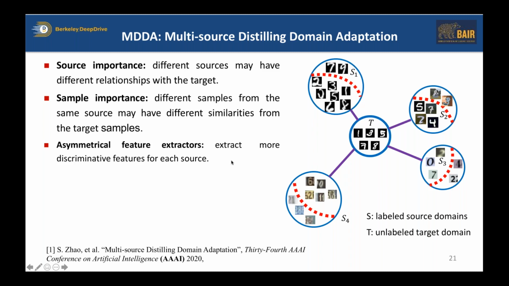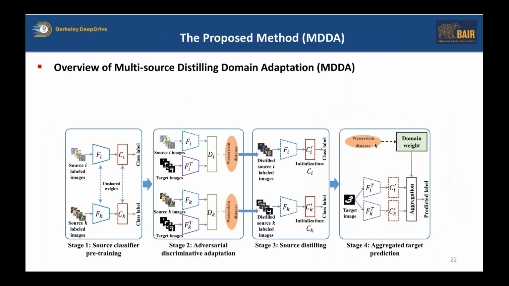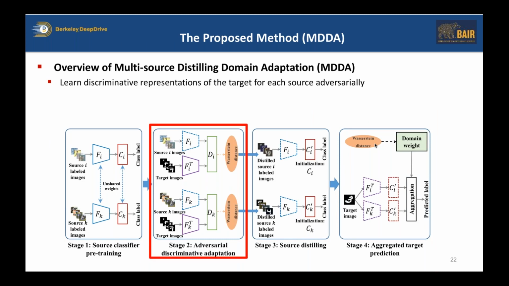So we want to make use of such different similarity and distill the source images that are closer to our target to fulfill the domain adaptation. So here is the overview of this multi-source distilling domain adaptation method.